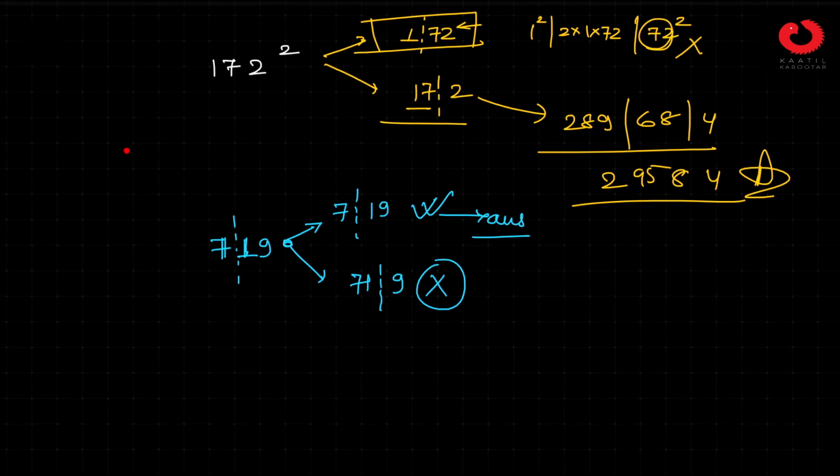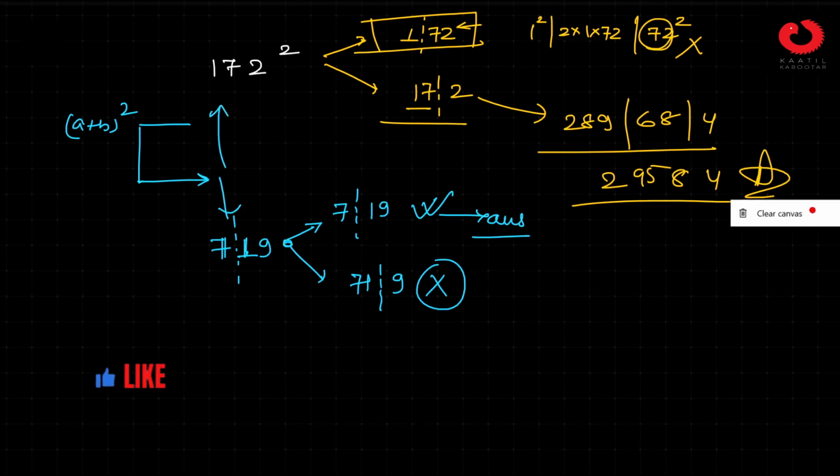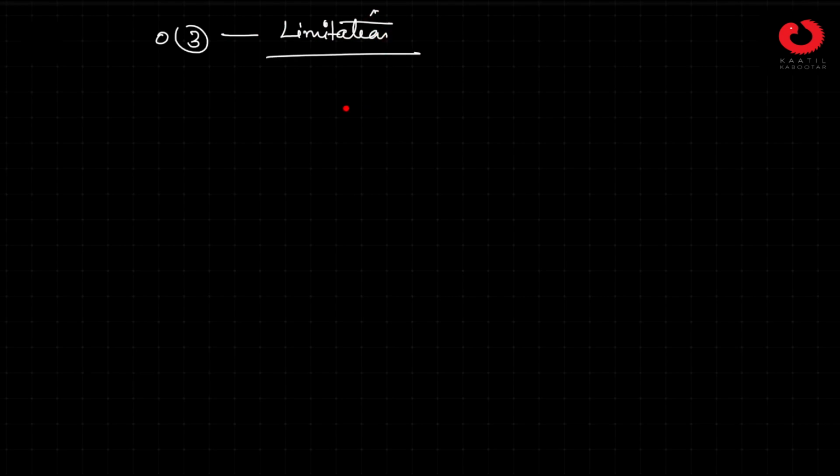Okay, so first you understood how to use this (a plus b) whole square thing. Then now you know the different strategies we use to do the partition. Now let us discuss the limitation of this. Third observation, number 3, limitation. Now in this, just imagine I am giving you a number as 798 and I am asking you to square it.